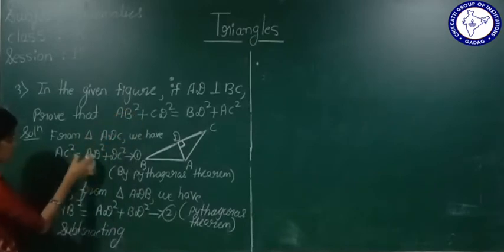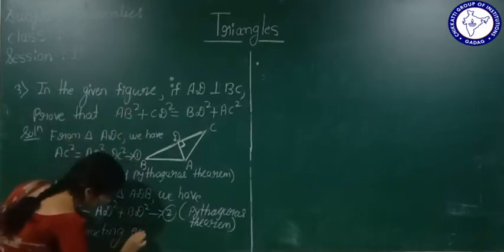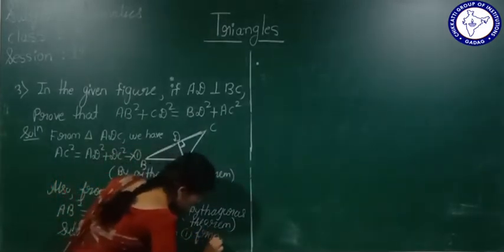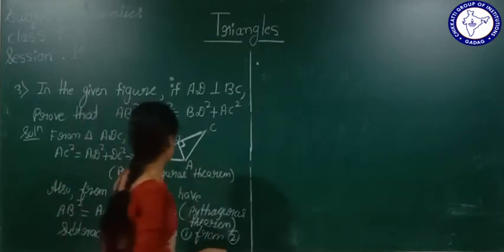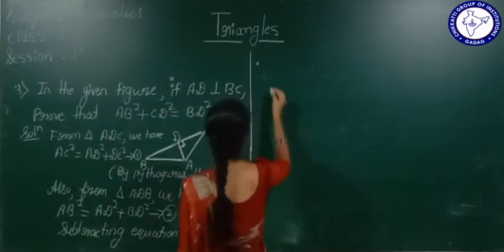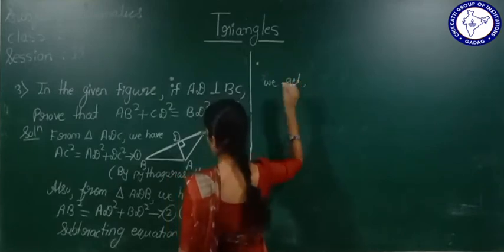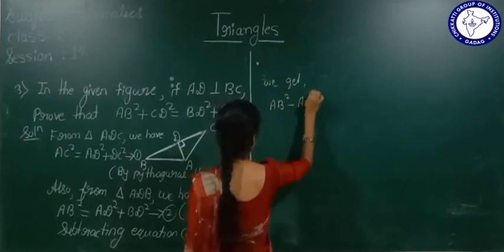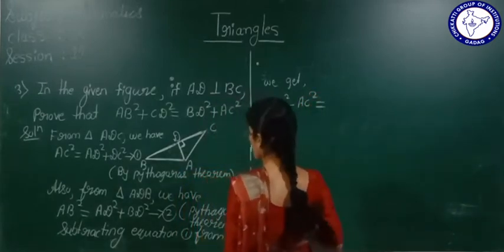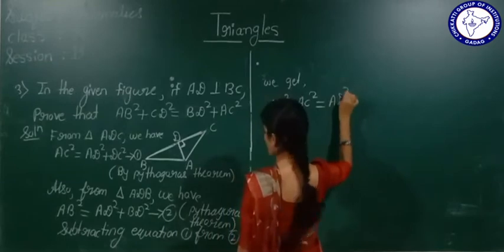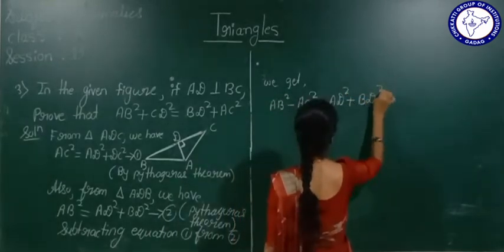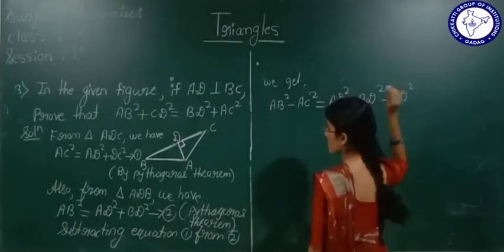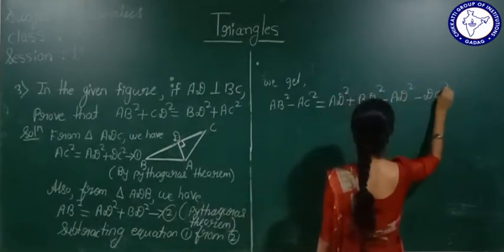Subtracting equation 1 from 2, we get AB square minus AC square is equal to AD square plus BD square minus AD square minus DC square.